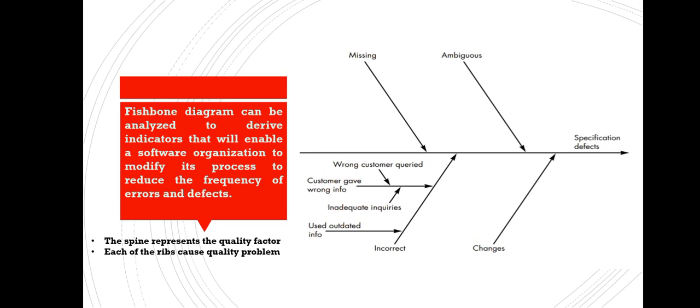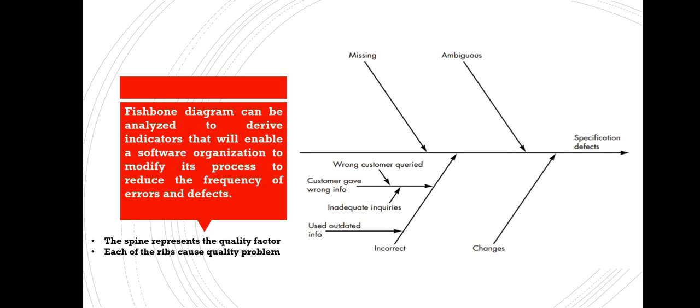If you consider the different ways of identification of the spine and rib in the diagram, the spine line represents specification defects. Whenever the user is encountering some problem related to it, specification defects are considered.